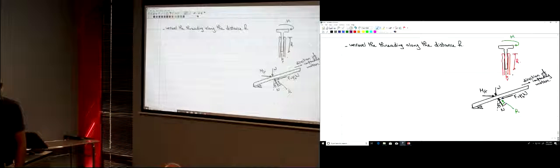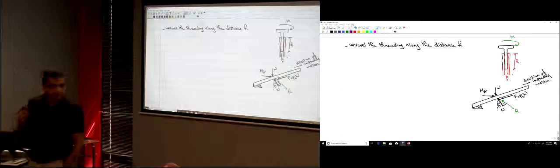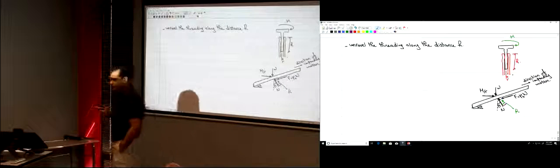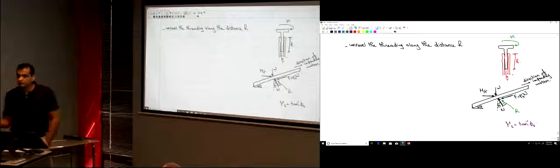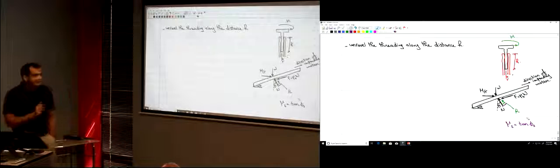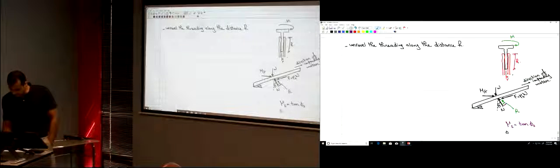You remember we said you can represent the coefficient of friction, mu s, as tan phi s. So this angle here, phi s, is just tan inverse mu s. Do you remember this?